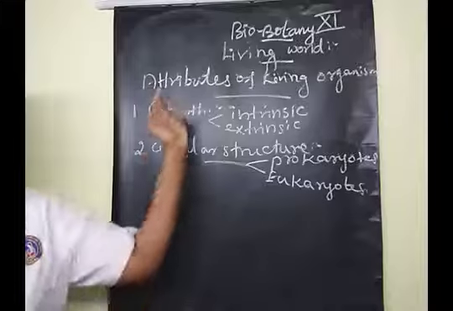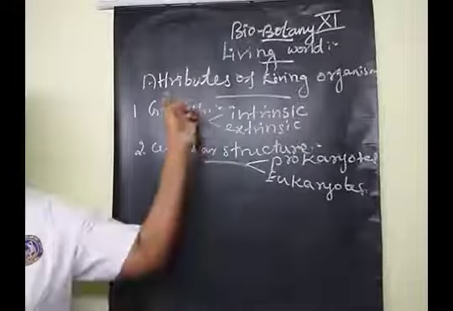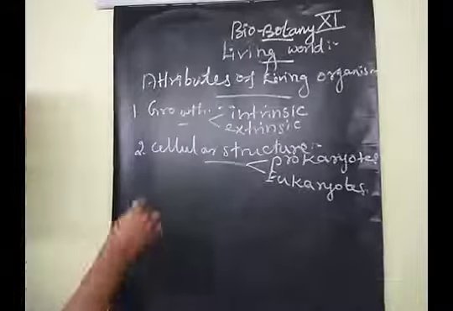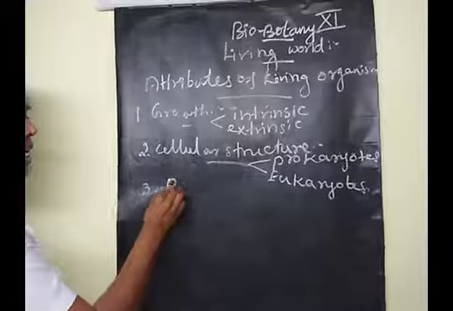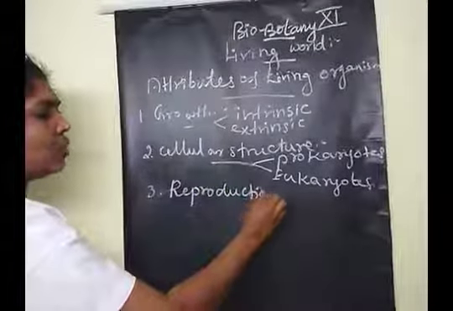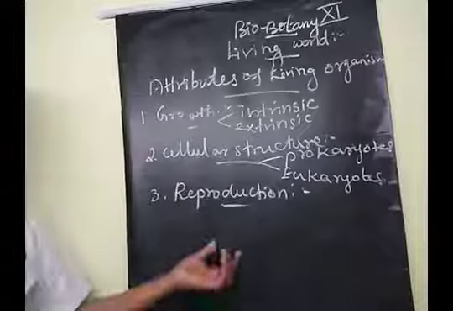The next one is, what are the natural qualities or attributes of living organisms? The third one is reproduction. This is very important, one of the essential things of living organisms.